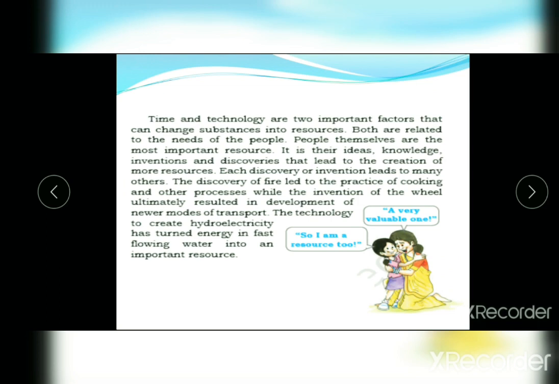The technology to create hydroelectricity. Hydroelectricity is a type of electricity generated using the gravitational force of water.